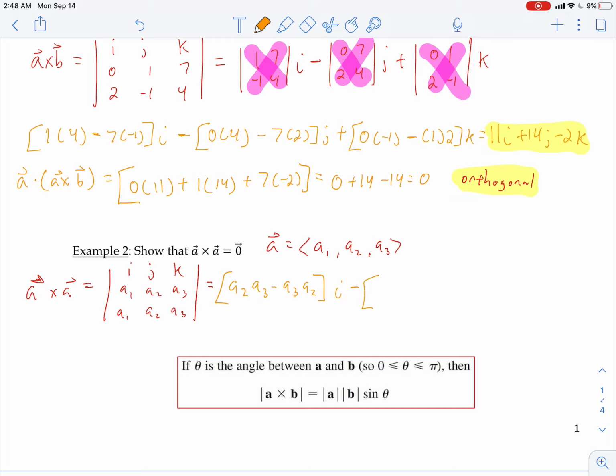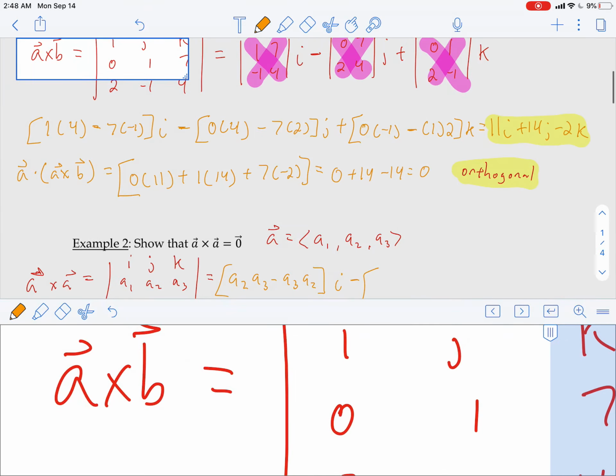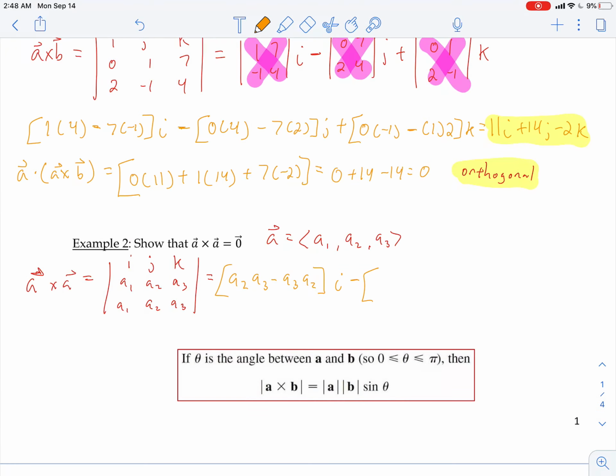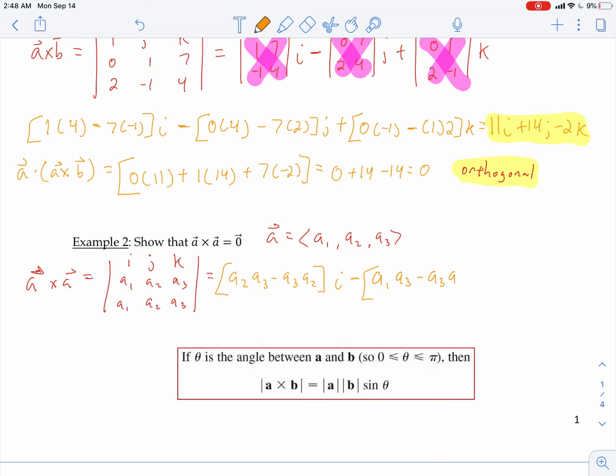i, minus, now that I'm finding j, A sub 1 times A sub 3 minus A sub 3 times A sub 1, j.